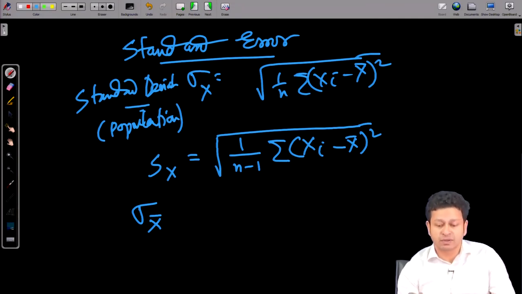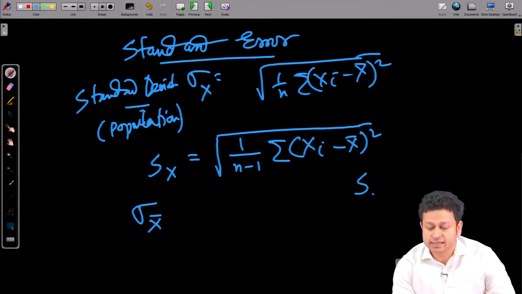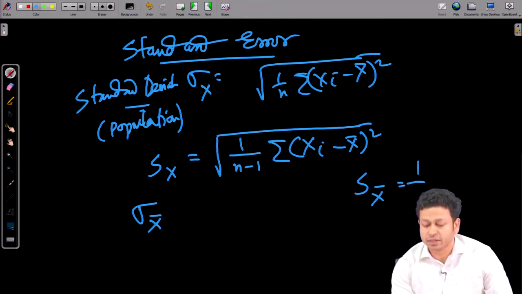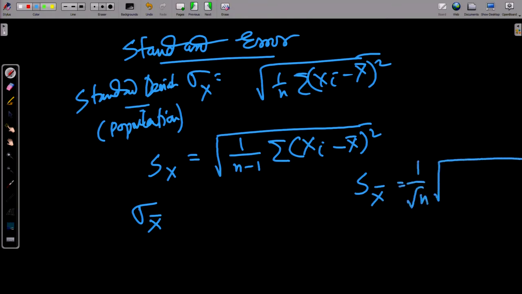So what you write is the standard error of x bar is equal to 1 by root n into the square root of 1 by n minus 1 summation of xi minus x bar whole square. This is what we call the standard deviation or standard error of the mean.